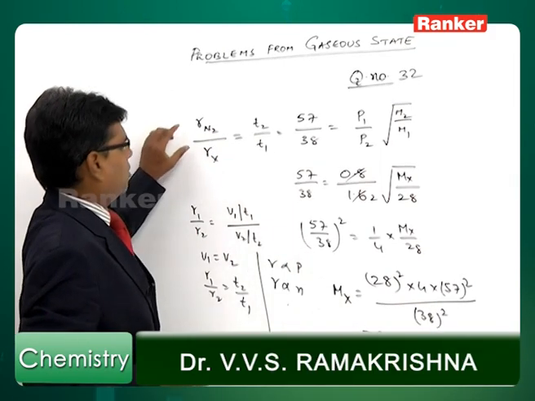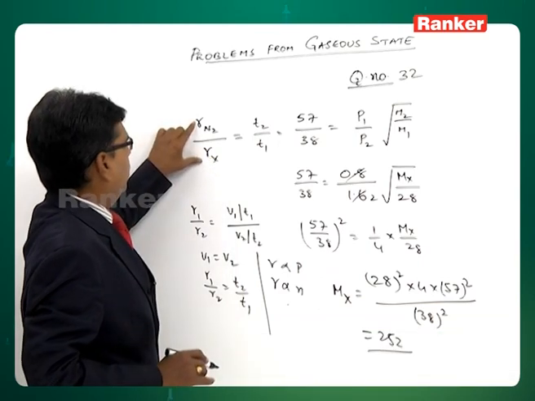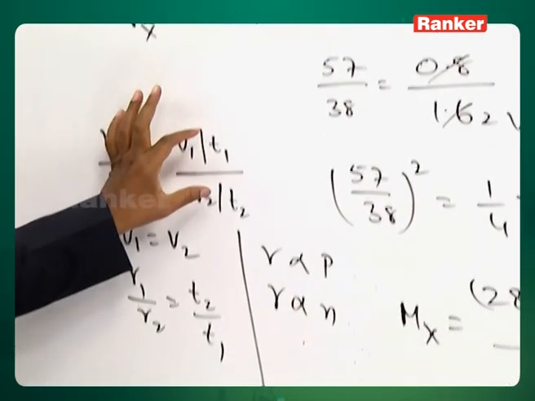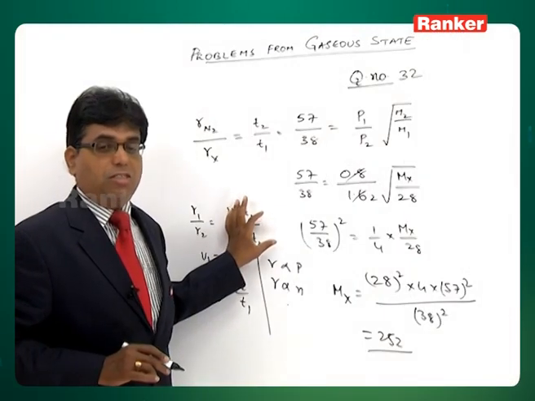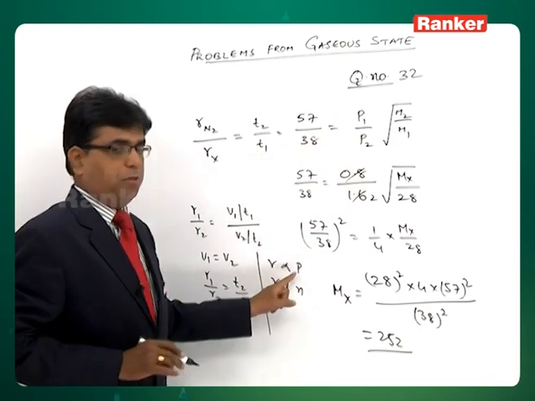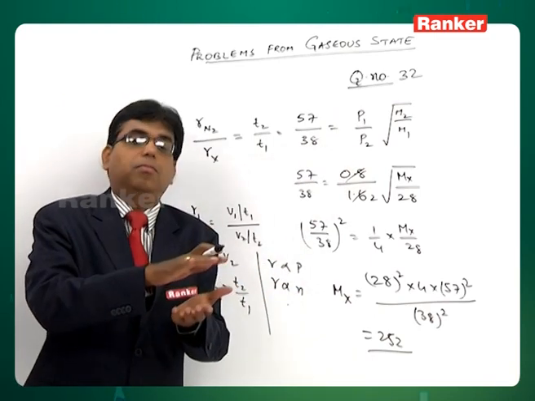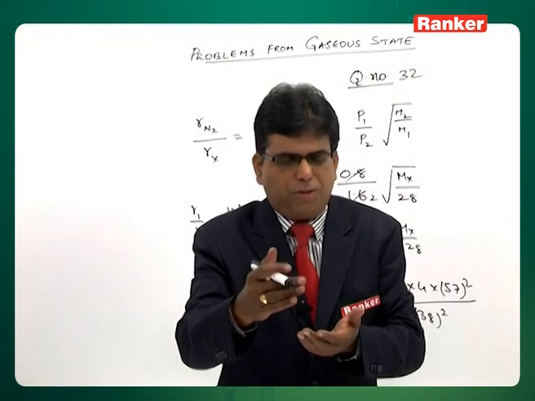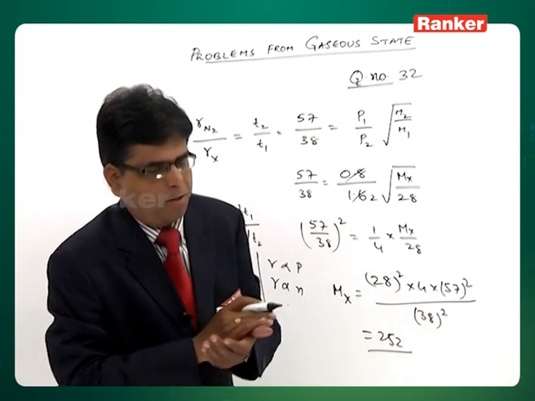This is a very good question. The ratio of rates of diffusion of the two gases is inversely proportional to the time at which the two gases are diffused, and you are also applying the principle that the rate of diffusion is proportional to the pressure at which the gas is allowed to diffuse, and of course, inversely proportional to the square root of molecular weight.